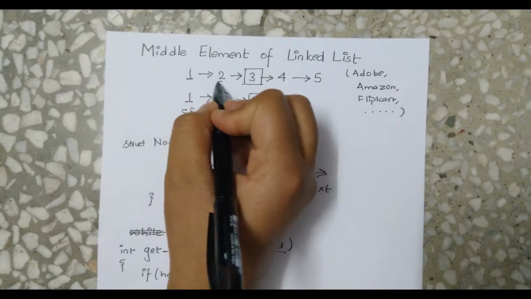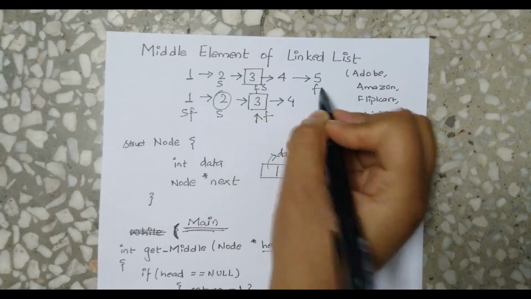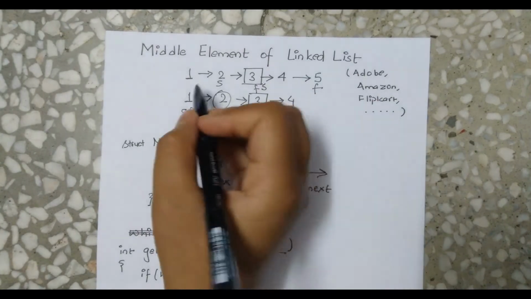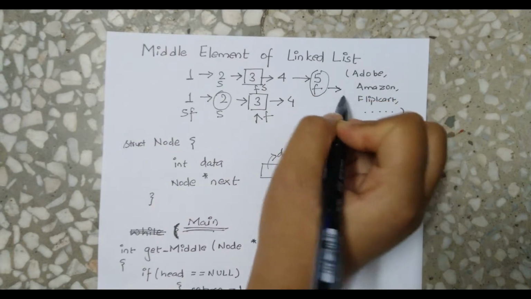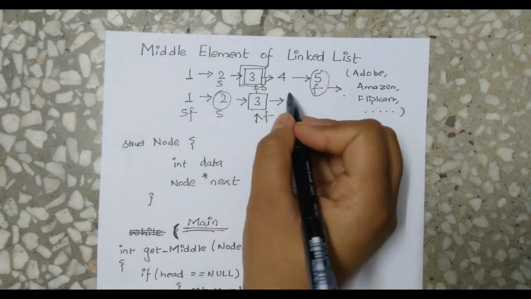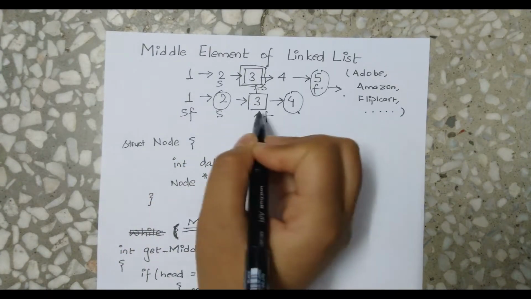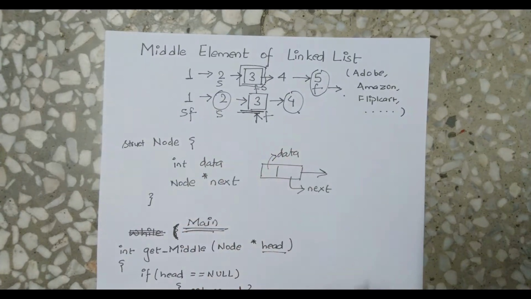When the slow pointer is here, fast will be here. Something like this. When we do this, when the fast pointer is at the end of the list, the slow pointer will be at the middle. Same over here. When the fast is at the last node, the slow pointer will be at the middle. Let's see how.